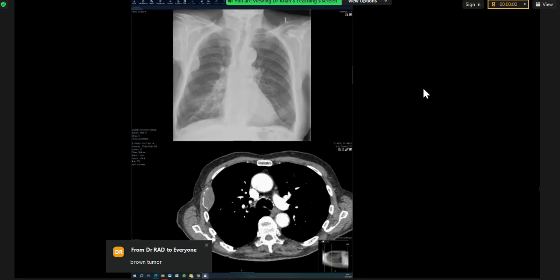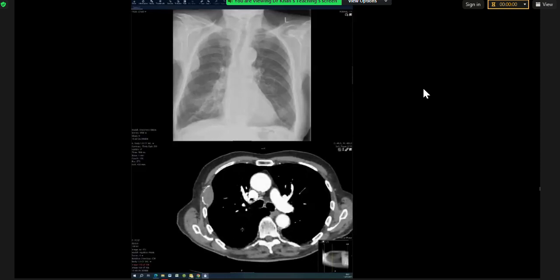And so in that case, I would refer to the relevant MDT, and I would biopsy the lesion. Yeah, this is biopsy proven plasmacytoma. So, okay, well done.